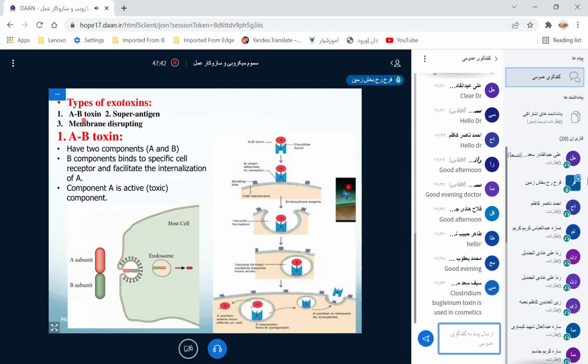Group 1 means the toxins which have two subunits, like this. It is an exotoxin. It has an A subunit and a B subunit. It is an exotoxin with two subunits. One is A and the second is B.